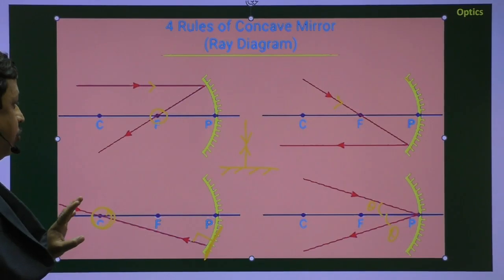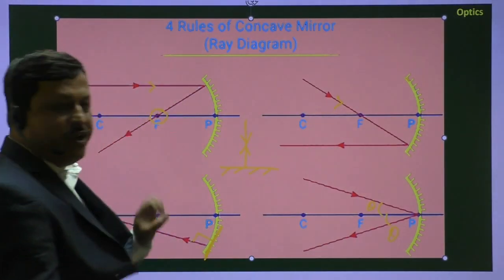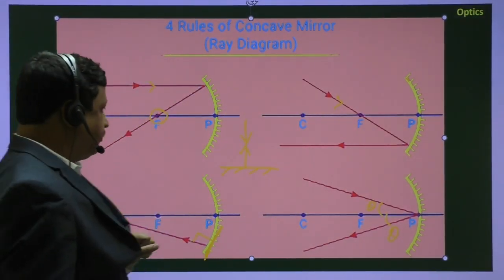Okay. So these are the 3 rules, very important for ray diagrams.